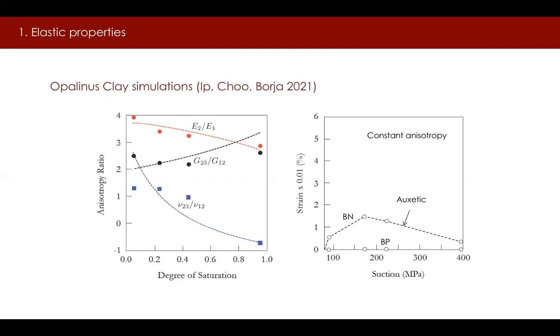However, the normal strain in the bed normal direction decreased between 170 megapascal to 400 megapascal suction, implying an increase in the specimen volume during the drying process, an exotic behavior which is unrealistic. In contrast, the predicted strains for the case with variable stiffness anisotropy appear to be more realistic.